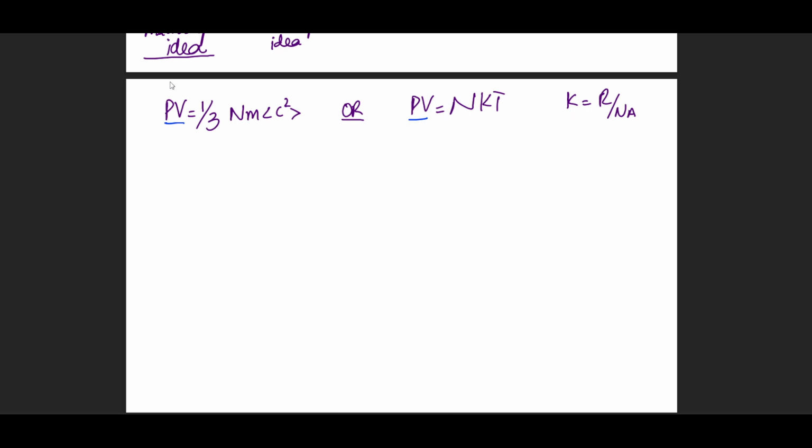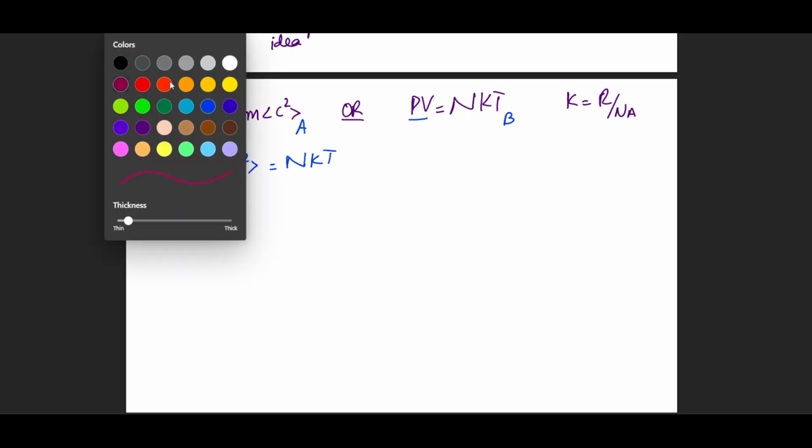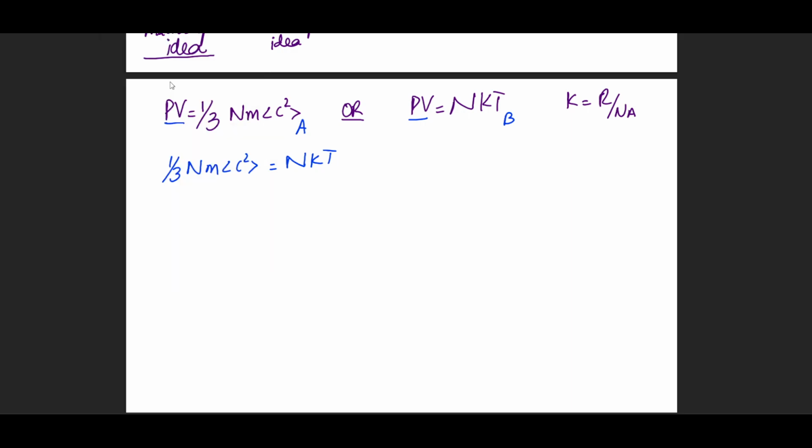Let's call this equation A and let's call this equation B. So equating A and B by comparing PV, we get 1 over 3 N m c squared equals NkT. Now notice that N was actually the number of atoms in the previous case as well. And over here as well, the N will be cancelled out. And let's take that 3 over there. So we have m c squared is equal to 3kT.